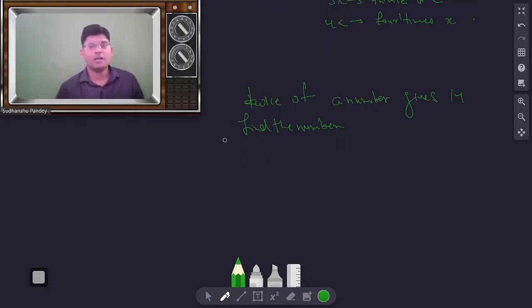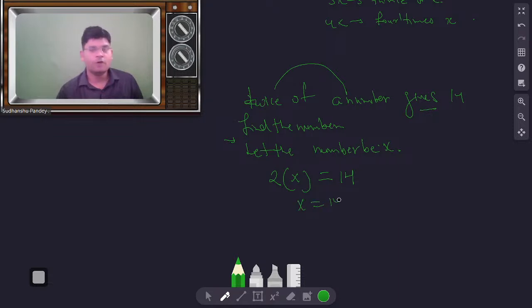So you should say how we are going to solve. Let the number be x. Then twice of a number gives, means is equal to, 14. So x is going to be 14 divided by 2, which is equal to 7.